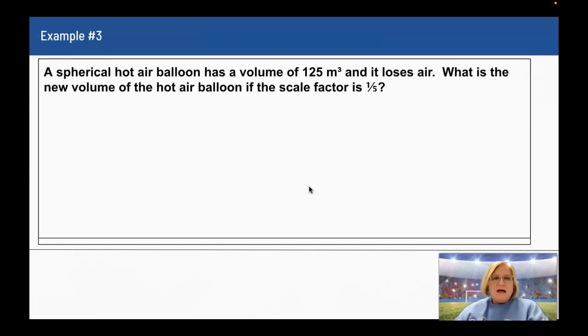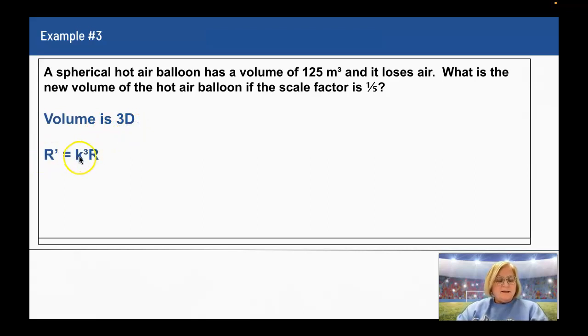A spherical hot air balloon has a volume of 125 meters cubed, and it loses air. What is the new volume of the hot air balloon if the scale factor is 1/5? The volume is three-dimensional.